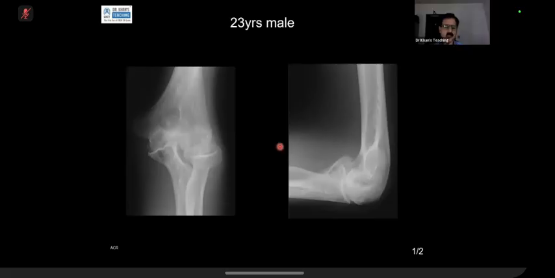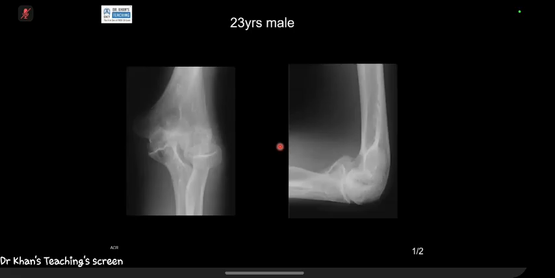Yes, candidate 3, describe this. So I've been provided with a 23 years old male elbow X-ray, AP and lateral views, and here I can see that the bones are looking a bit overgrown.